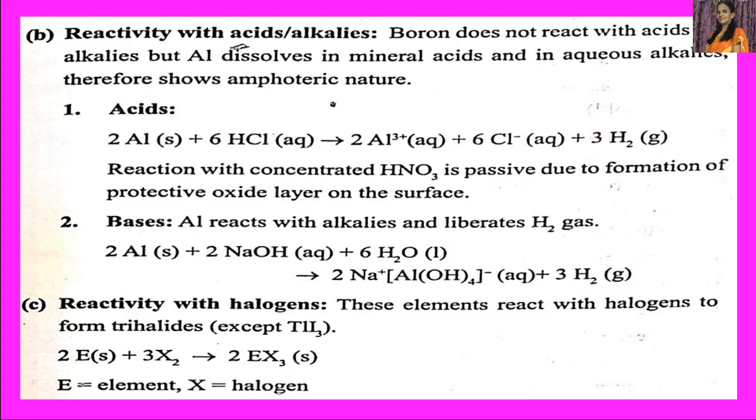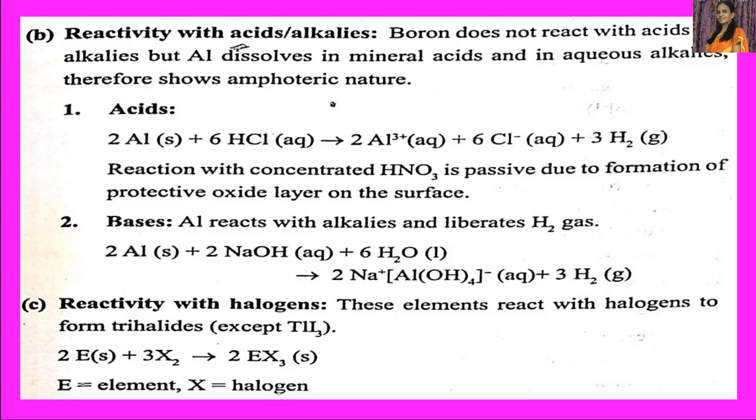Therefore, it shows amphoteric nature. In the case of boron, it does not react with acids and alkalis, but aluminium has the capacity to react with acids, that is mineral acids like HCl, H2SO4, etc. And it also combines with aqueous alkalis like NaOH, KOH, etc. Therefore, it shows amphoteric nature.